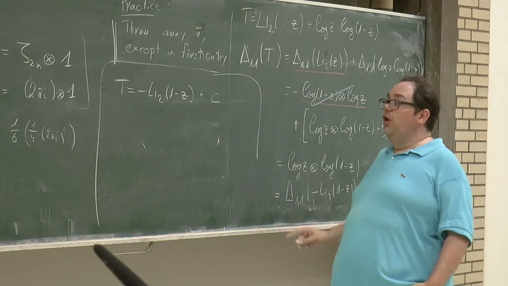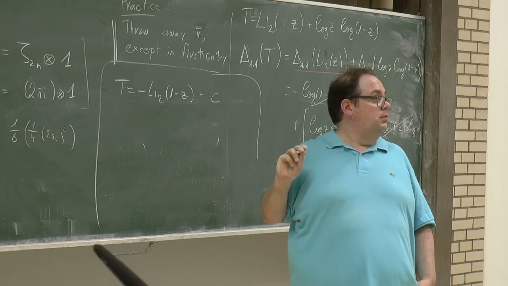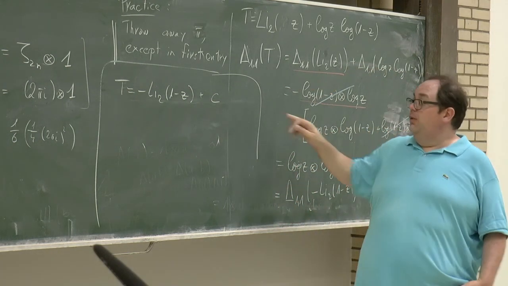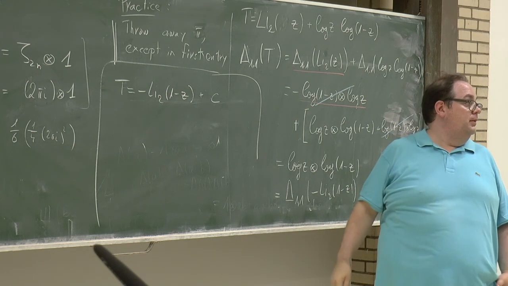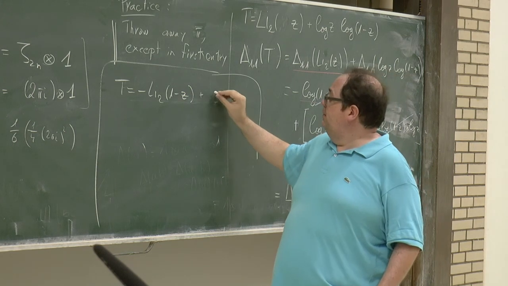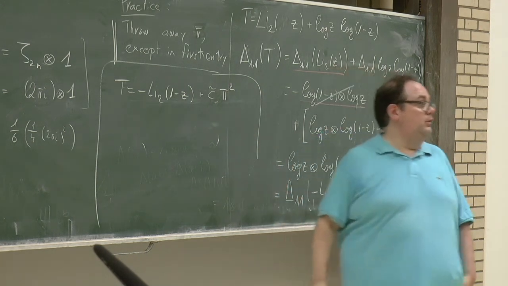And I told you there are no relations among objects of different weights, so it must have weight 2. It also better be a constant, because otherwise I would have detected it with delta 1,1. So the only thing it can possibly be is something proportional to pi squared, some constant of weight 2.